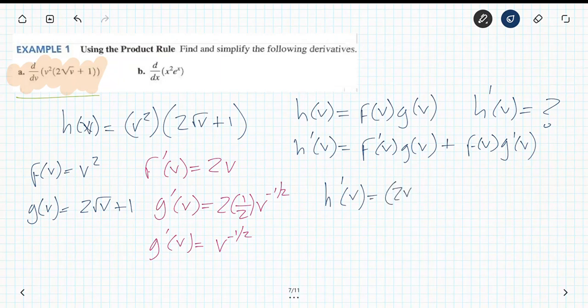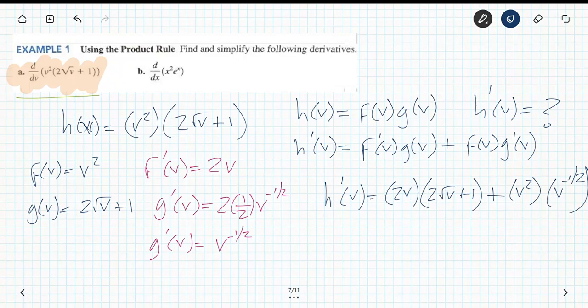It is 2v. What's my g of v? It's the same one, so it's 2 square root of v plus 1, plus my f of v, which was v squared. g prime was v to the negative 1/2. And so you can just leave it like that. There's no need to simplify. Some people would want you to carry out the distributive property and rewrite it, but I think that that is enough.